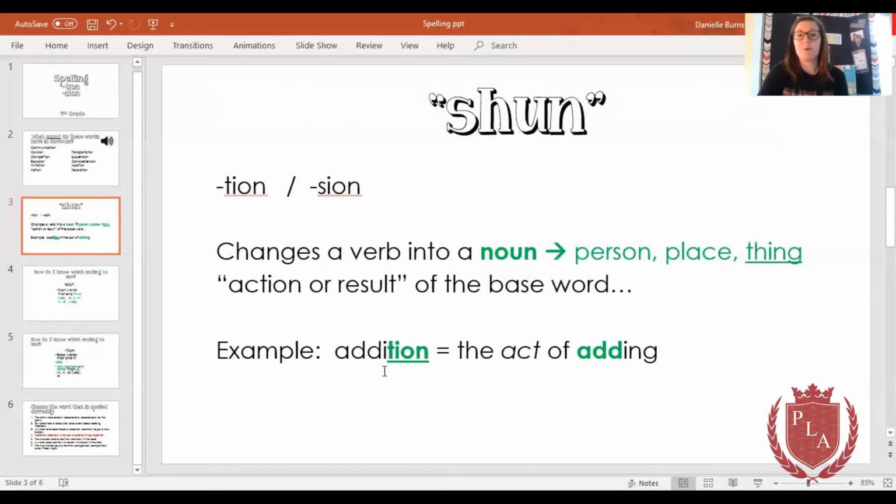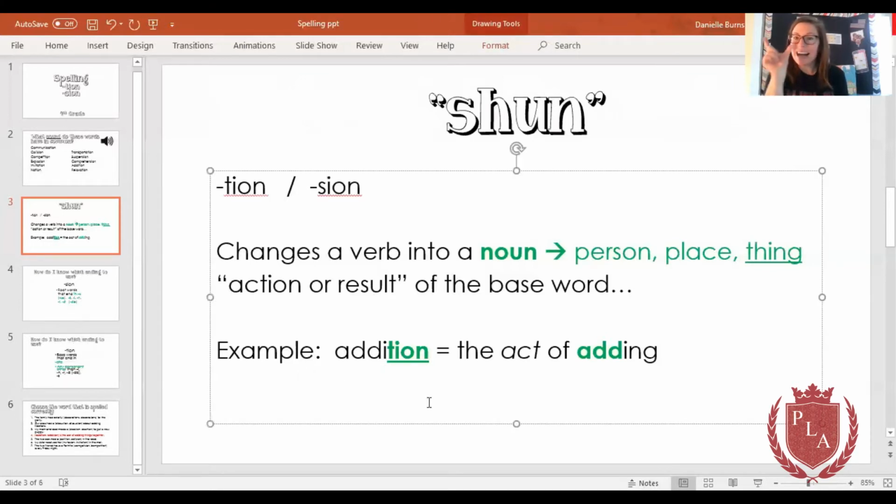Let's look at an example. In the word addition, what's the base word? What's the root word of addition? If you said add, A-D-D, you would be correct. Addition is the act of adding things together. So when I use addition to solve 2 plus 2, I'm putting those things together.